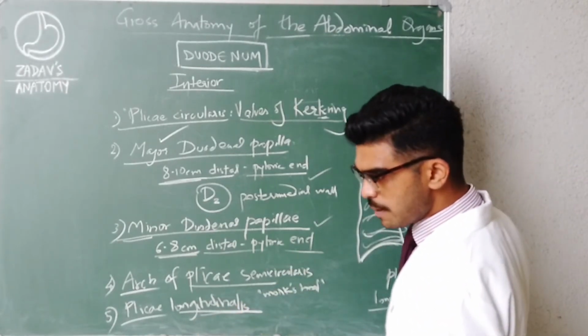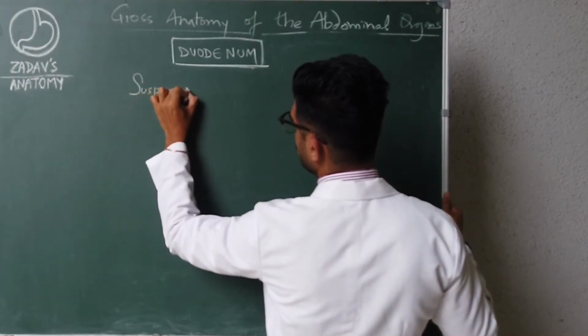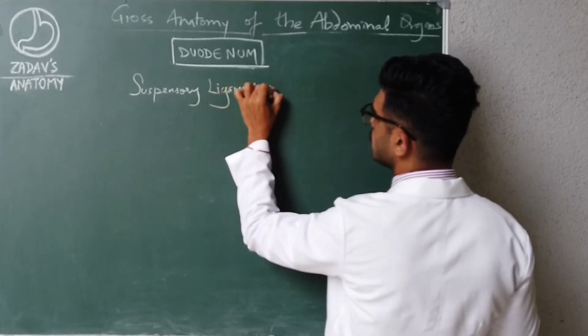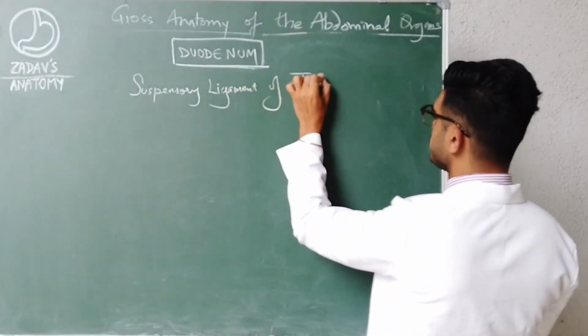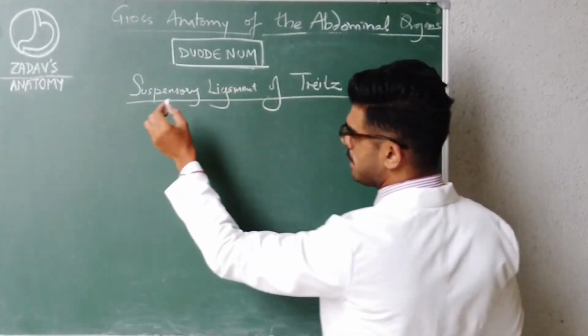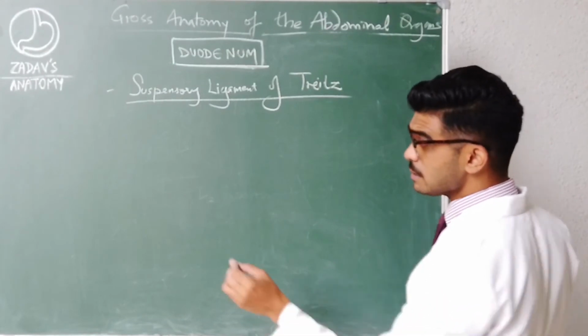Now, let's talk about the suspensory ligament of duodenum, which is also known as the ligament of Treitz. Don't know how to pronounce that. Doesn't matter. Remember, that's an important word.